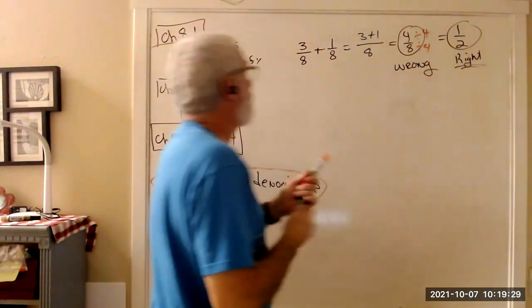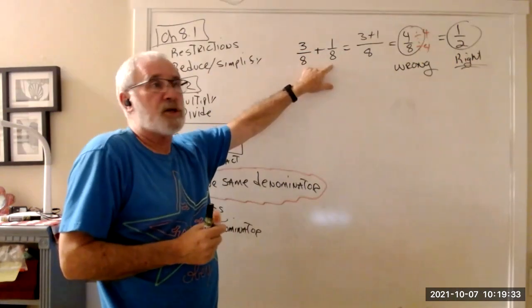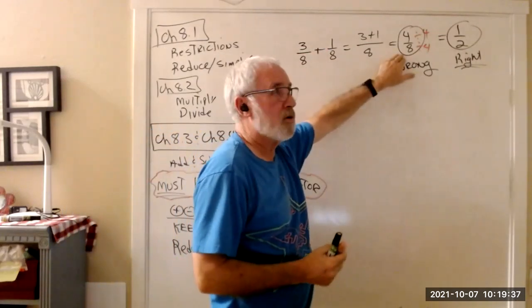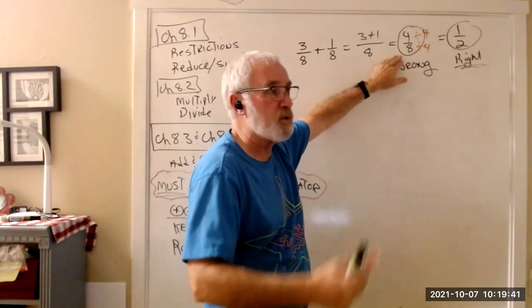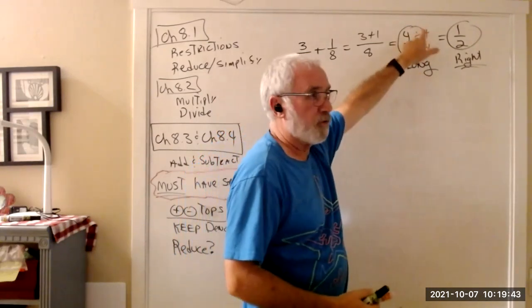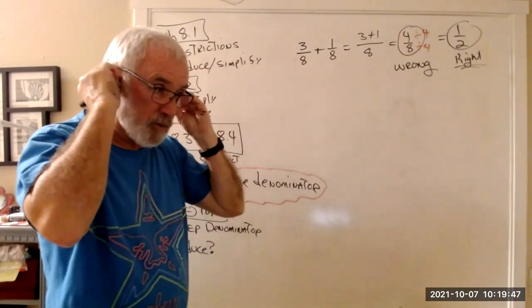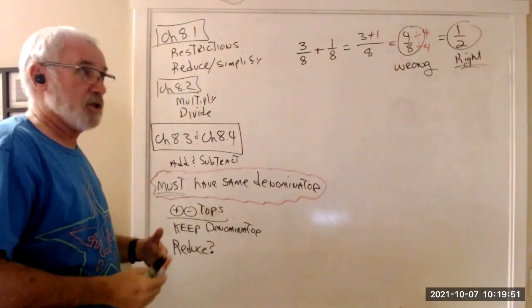So two fractions originally did not reduce, but when you added them together, the answer does reduce further. And remember, this is arithmetic, so we have shortcuts for arithmetic. For algebra, we don't have shortcuts.